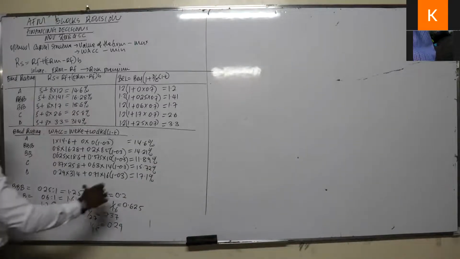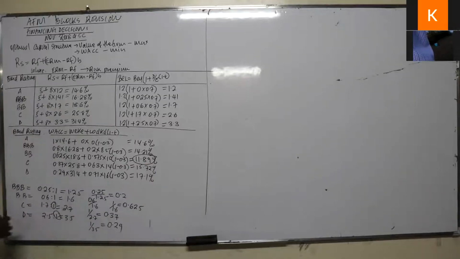Then you take the minimum. The minimum is 14.81. So that's BB.